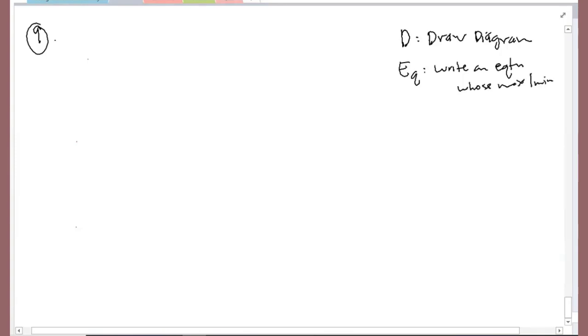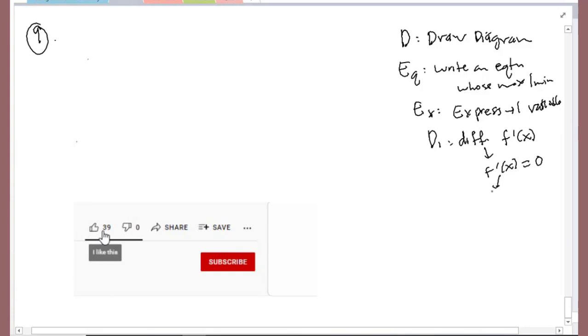Let's say volume. Then express it to a single variable. D1 is differentiate to get f prime of x, and find f prime of x equal to 0 to find the minimum or maximum.